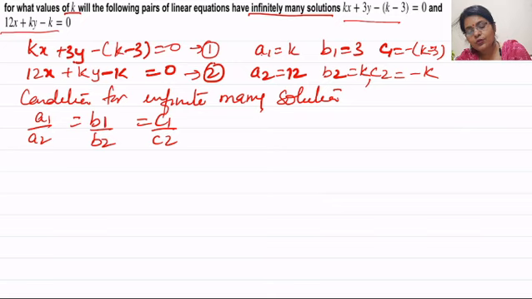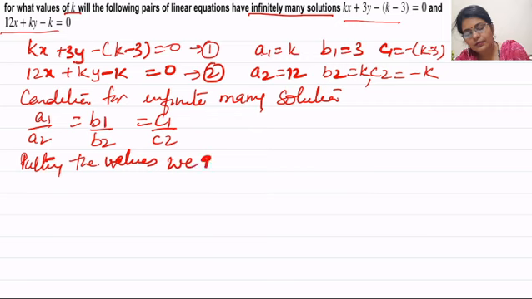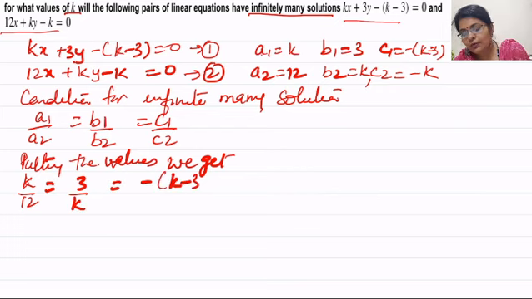Putting the values, we get k upon 12 is equal to 3 upon k is equal to minus k minus 3 upon minus k. So we have to take them one by one.